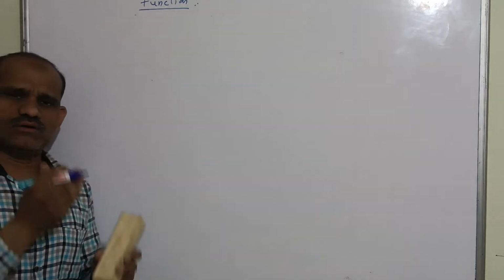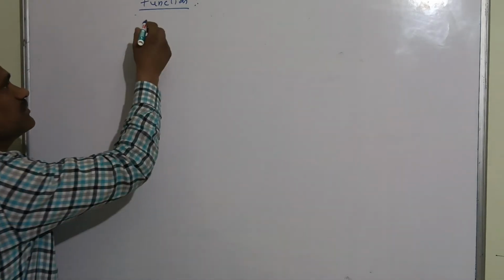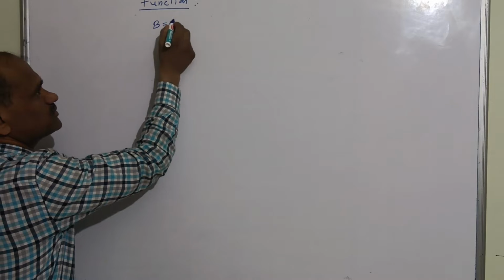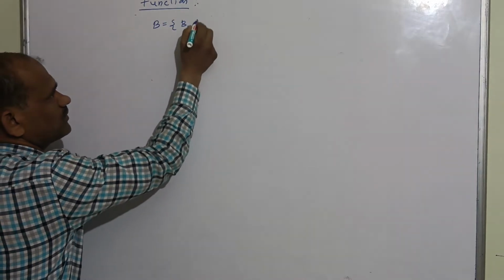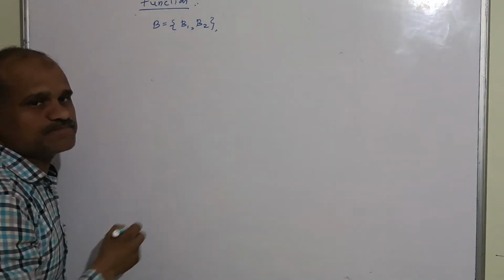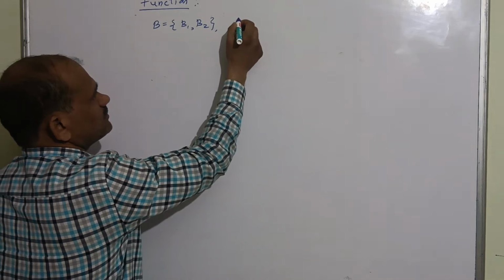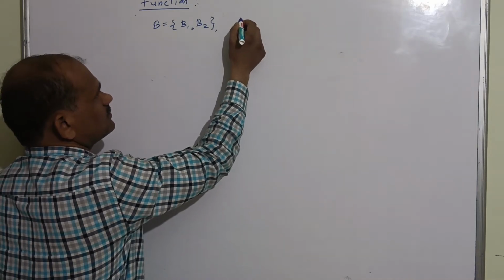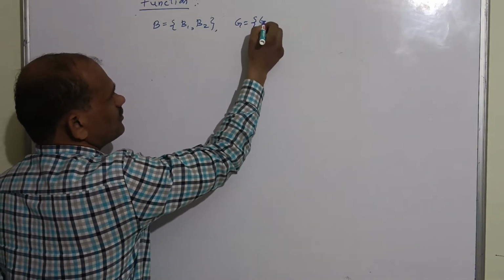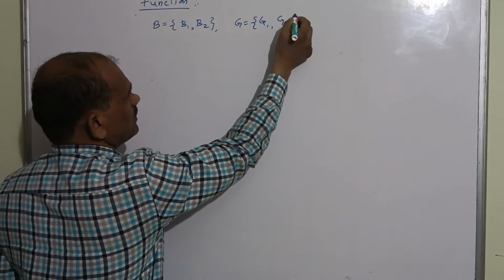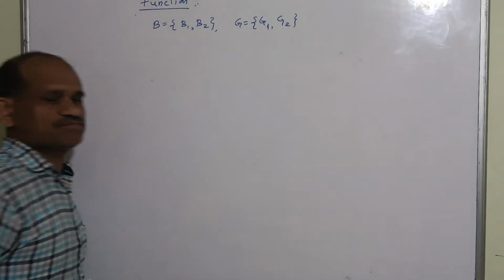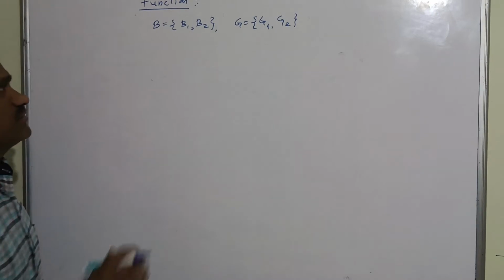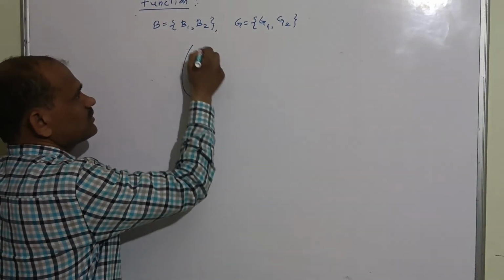In the previous example, B is the set of boys, B1 and B2, and G is the set of girls, G1 and G2.